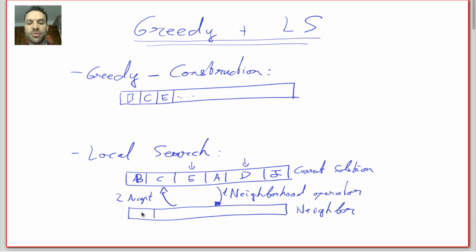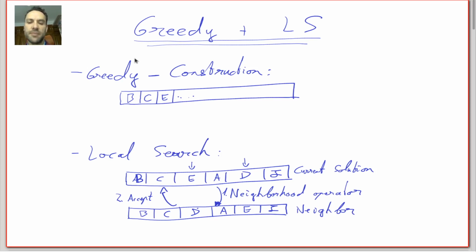So the new solution is, in this case, this one. And if this is the solution which is accepted, this neighbor becomes the current solution, and this process applies until there is not any neighbor which is better than the current solution.